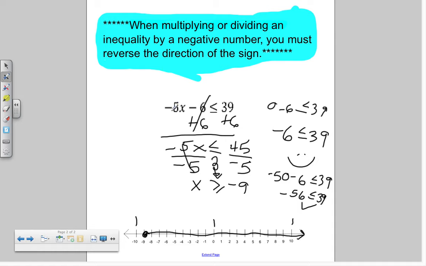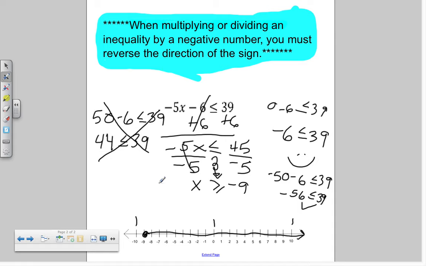Negative 5 times negative 10 gives me positive 50. Positive 50 minus 6, is that less than or equal to 39? Well, let's see. 50 minus 6 gives me 44. Is 44 less than or equal to 39? No, 44 is larger than 39. So that does not work. So that is why that part is not shaded.